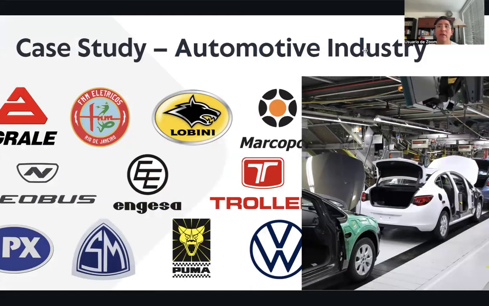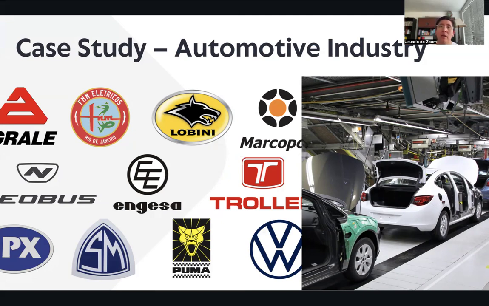Case study: the automobile industry. The automotive industry in Brazil is a key example of how trade barriers are used to protect strategic sectors. The government has implemented high import tariffs and tax incentives to encourage local production and reduce the dependence on foreign vehicles.